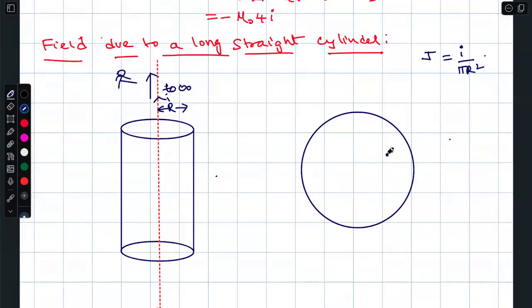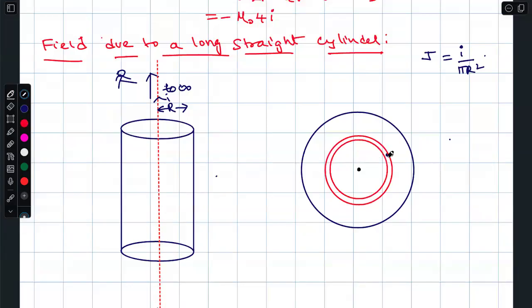Now I want a point over here where I would like to find the magnetic field. For this purpose, imagine a path like this. That's the center. I wish to find the field at this point exactly. Very simple.